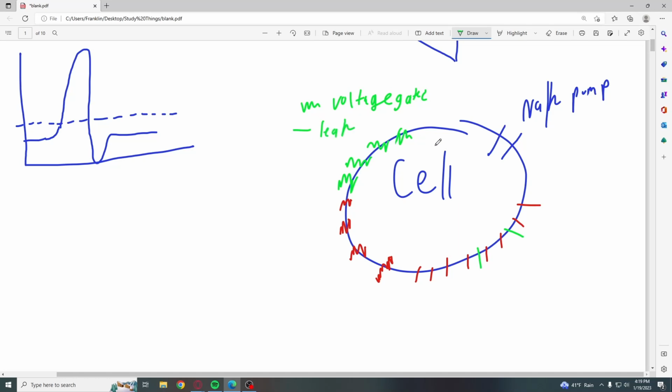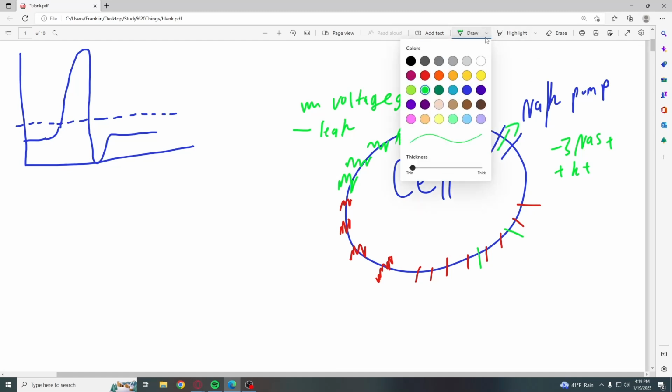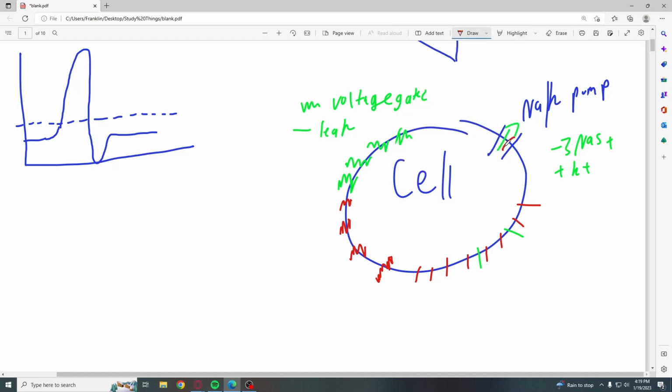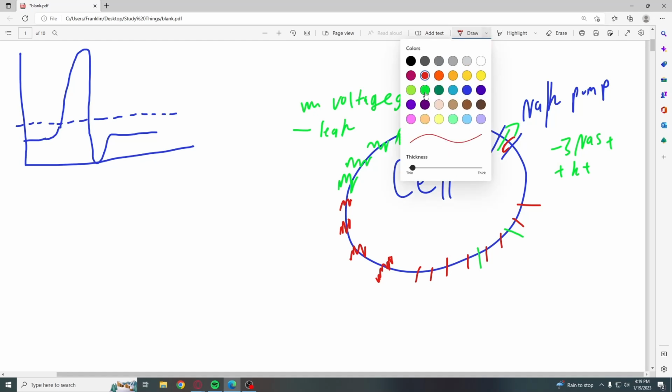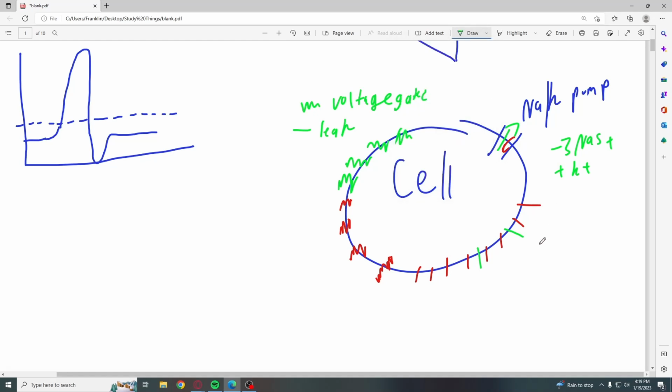So typically in the cell, in the NaK pump, you're going to put out 3 Nas and gain 2 Ks. So Na is coming out, and K is coming in. And then the leak channels will always be leaking something.